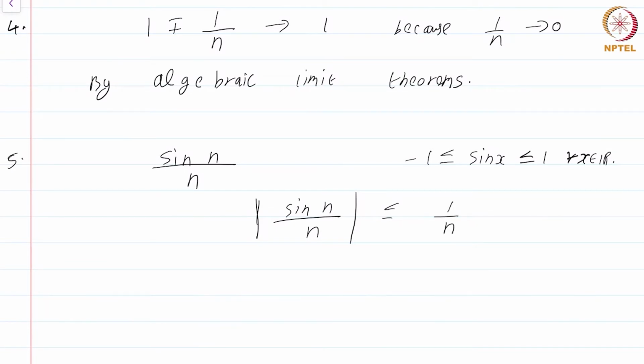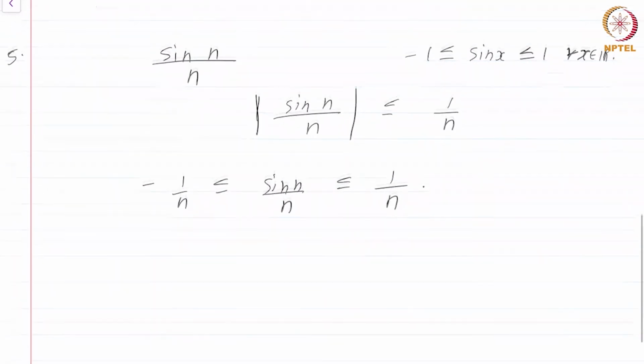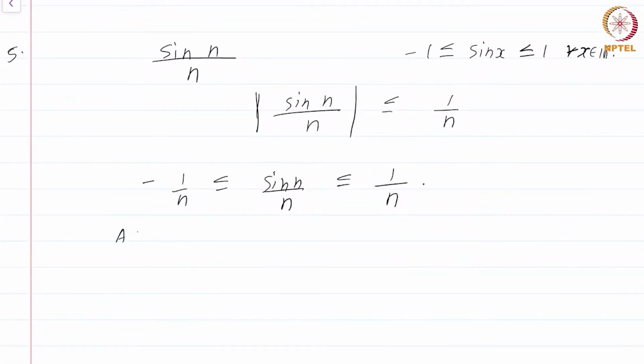In fact, what is this saying? This is just saying minus 1 by n is less than or equal to sin n by n is less than or equal to 1 by n. Okay. Now apply the squeeze theorem.